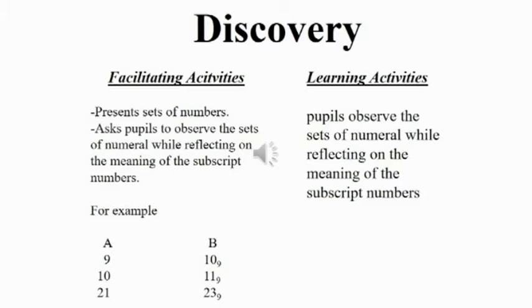For example, reflect on the subscript numbers, not just observe, because if you ask the children to observe, they will not exactly know what they are observing. Since we are dealing with bases, they will be forced to observe the subscript numbers and reflect on what they mean. Then the pupils will probably observe the sets of numerals while reflecting on the meaning of the subscript numbers.